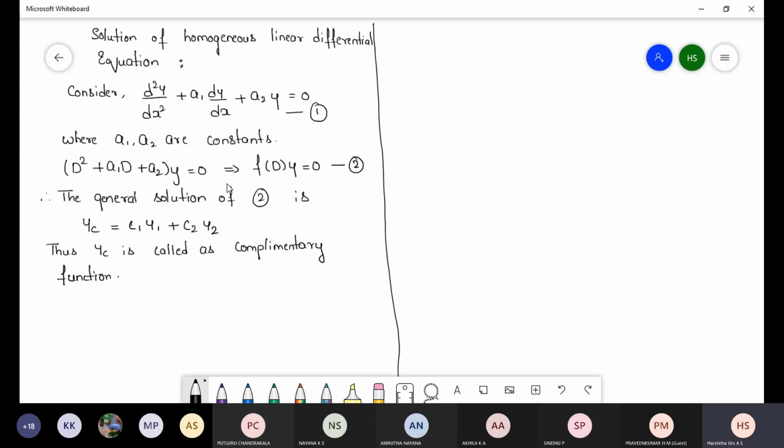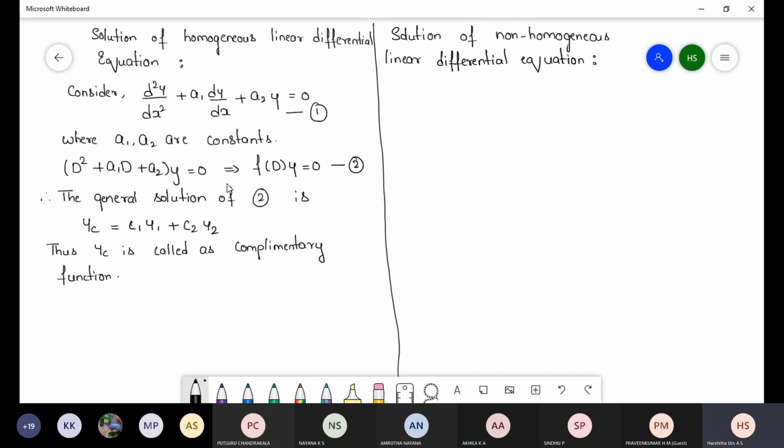Next heading, solution of non-homogeneous linear differential equation.